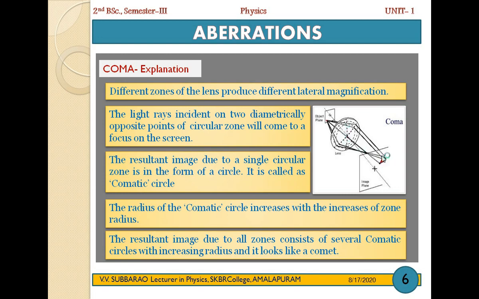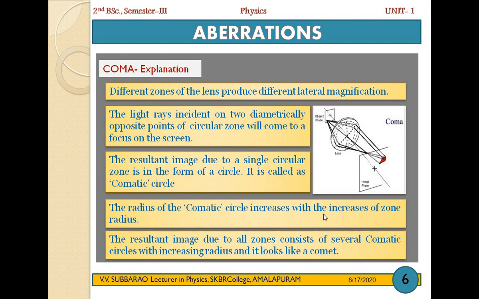Similarly, another set of light rays will be focused to a different point, but the locus of the point images formed due to various sets of incident light on a single zone will be like a circle, and we call that circle a chromatic circle. That means each zone forms a circular image on the screen. That circle is called a chromatic circle.